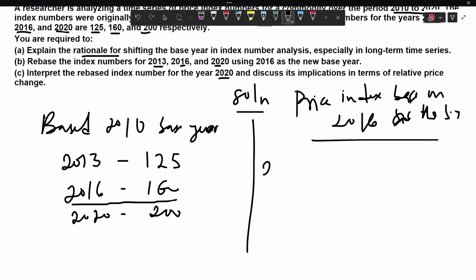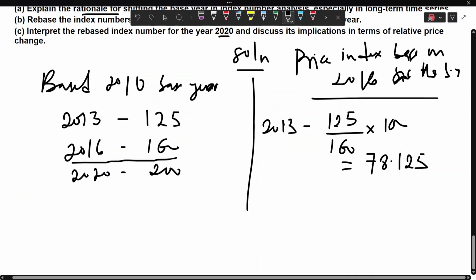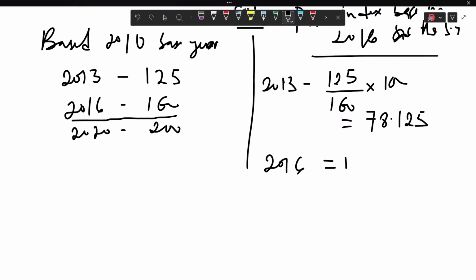So for 2013, the new price index will be 125 divided by 160 times 100. So I have 78.125. Then for 2016, since 2016 is the new base year, you're going to get an answer of 100.